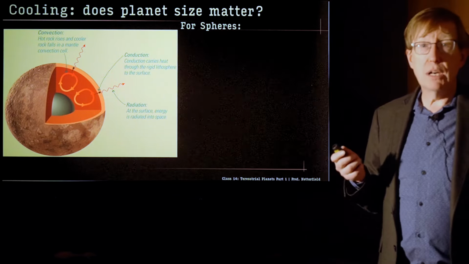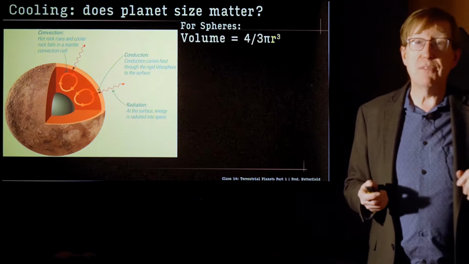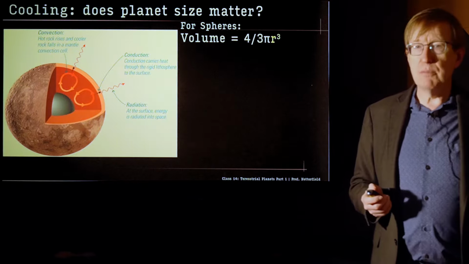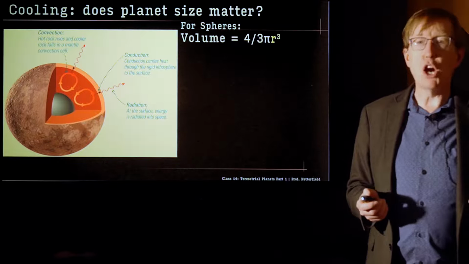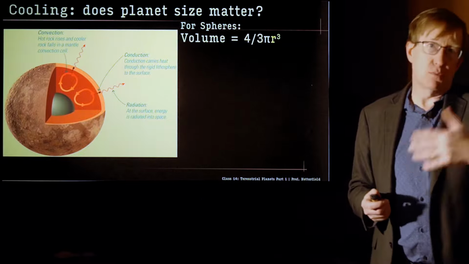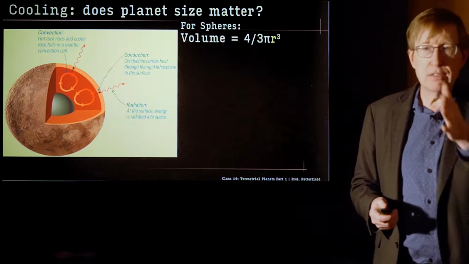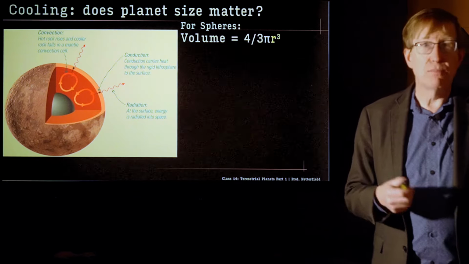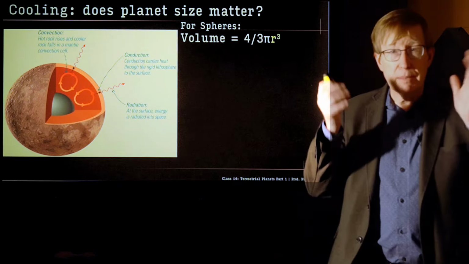So it turns out, if we think about the volume of a sphere, you may have learned this back in high school. The volume of a sphere is 4/3 pi r cubed. So it's the radius times the radius times the radius. That's what r cubed means. Then you multiply it by a number called pi, which is about 3.1415926 something or other.